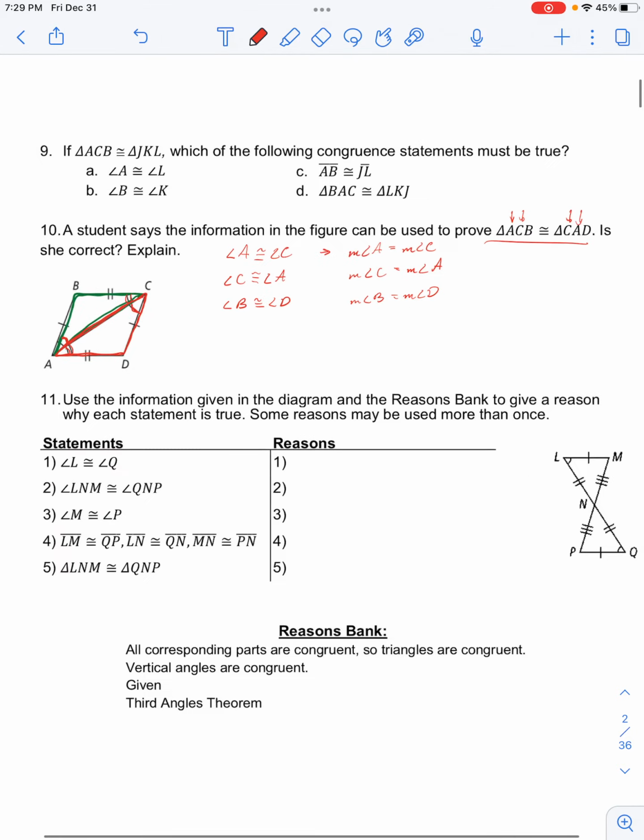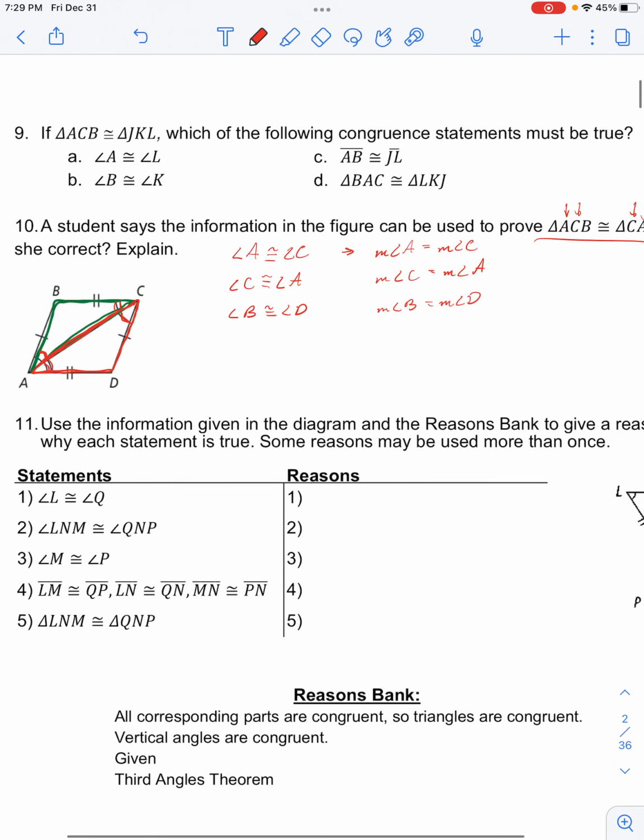Okay, so we have the angles all done. Now we just need to check on the sides. So we know that side A of the first, so this one, given by two dashes, corresponds to side A, must be congruent to side C, which is this one.